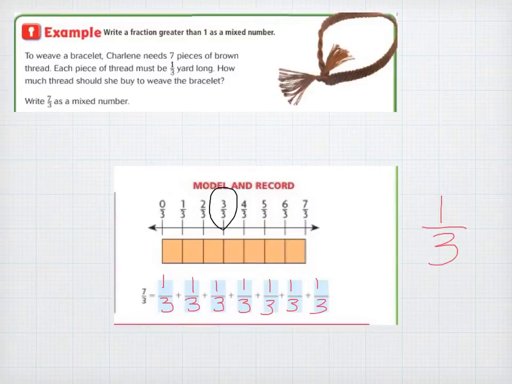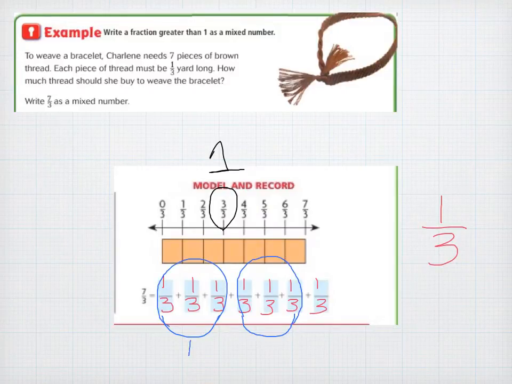Since I know that 3/3 equals 1 whole, I can group together my 3 pieces to find the wholes. As I do this, I see that I have 1 whole, and 1/3 left over.